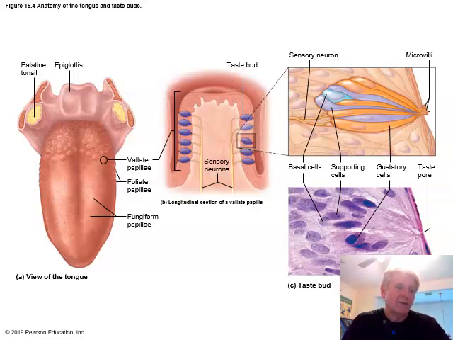You have five tastes, but you have four types of papillae. You have your vallate papillae, fungiform papillae, and foliate papillae, which are basically on the lateral side of the tongue.